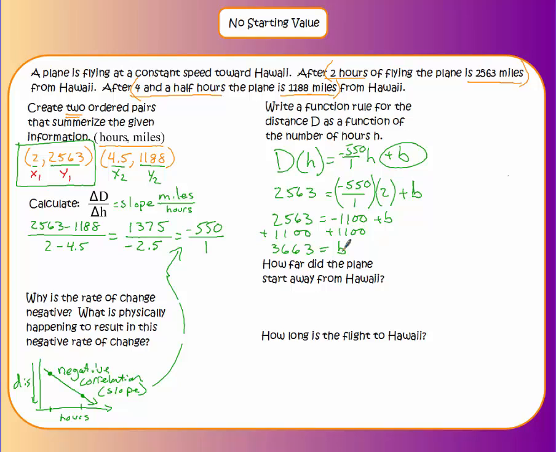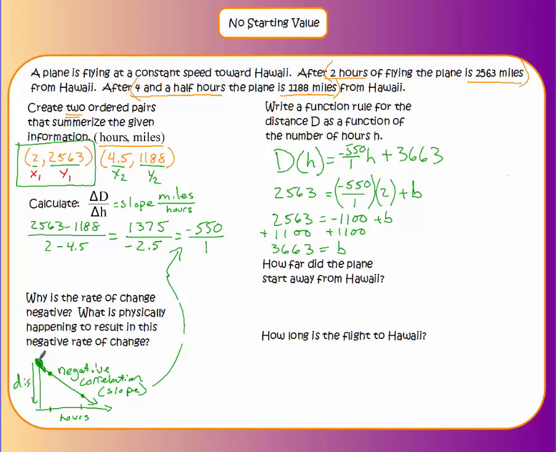Now I can go back up to my equation and put in what that b value was. So that b value is actually plus 3,663. That's miles, right? That was my starting value. And let's look back down at our little scratched up graph down here. Think about it. The y-intercept was going to be way up here somewhere.